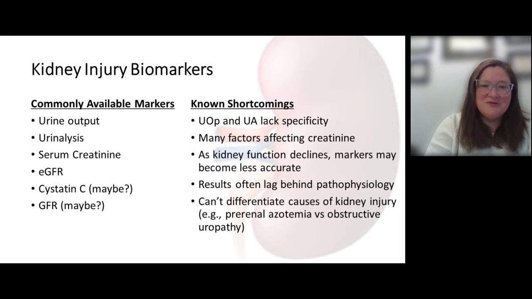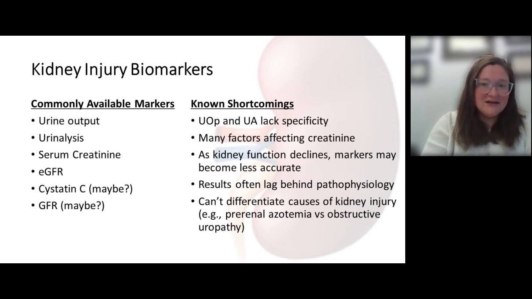In addition to those shortcomings, there are some other specific challenges: most of these lack some specificity and sensitivity for kidney injury. Many factors affect creatinine, even though that's the test that we rely on most often. There are a number of physiological factors, particularly muscle mass, which can affect the accuracy of a creatinine in reflecting glomerular filtration rate.